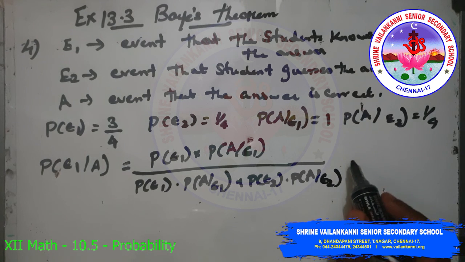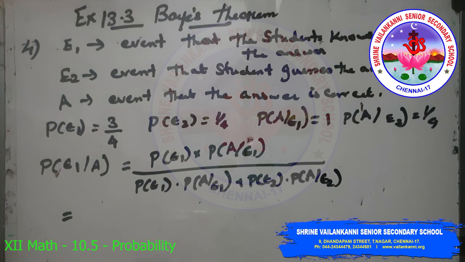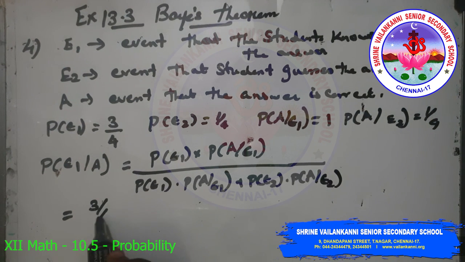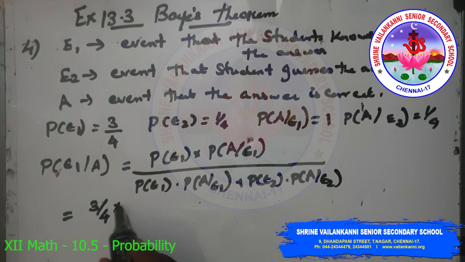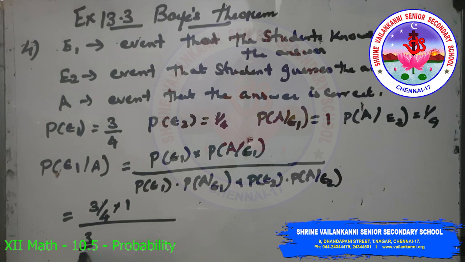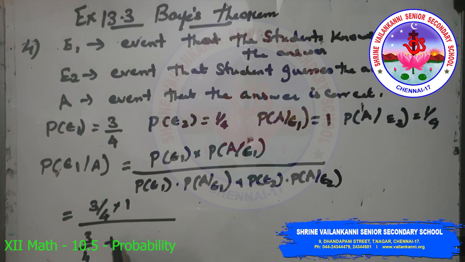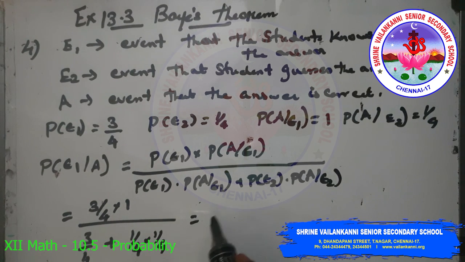So substituting the values, we get P of E1 is 3 by 4, P of A by E1 is 1 whole by 3 by 4 into 1 plus P of E2 is 1 by 4 and P of A by E2 is 1 by 4.